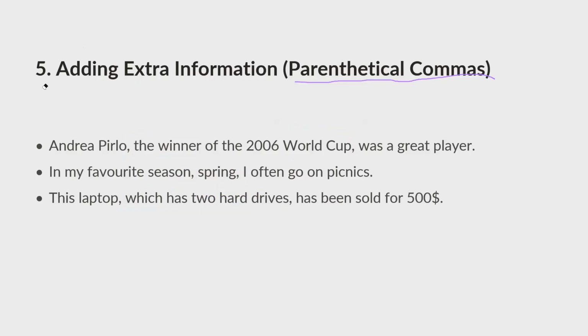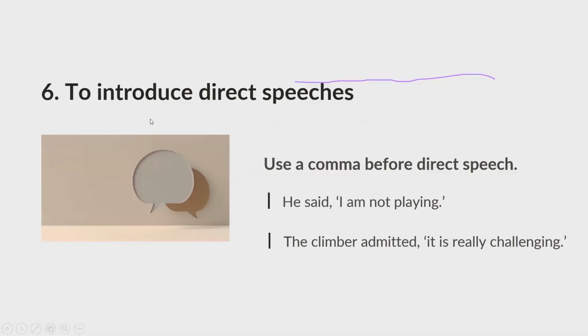The next use of the comma is to introduce direct speech. You should know that direct speech will usually be introduced by a comma, okay? And how do I recognize that the part is direct speech? It has inverted commas or speech marks.